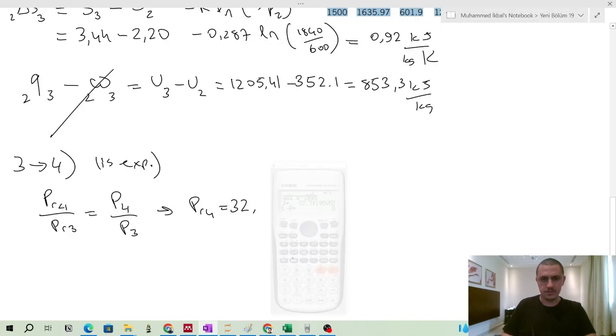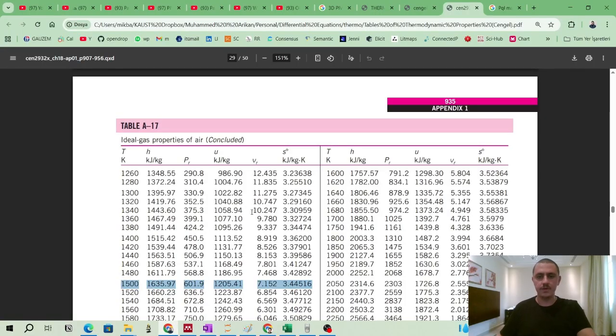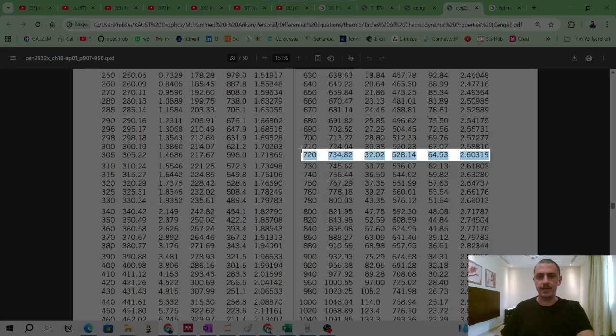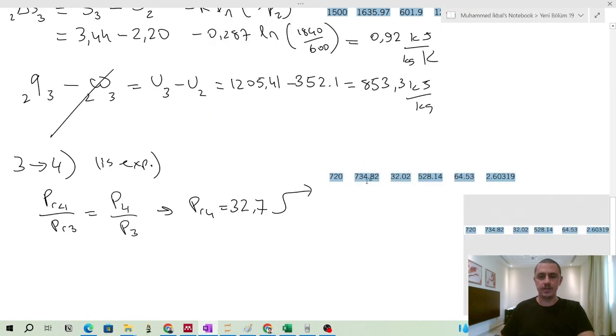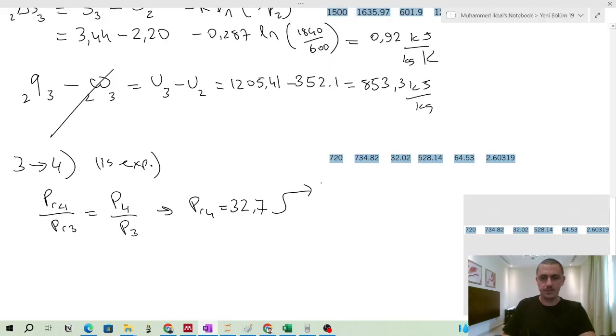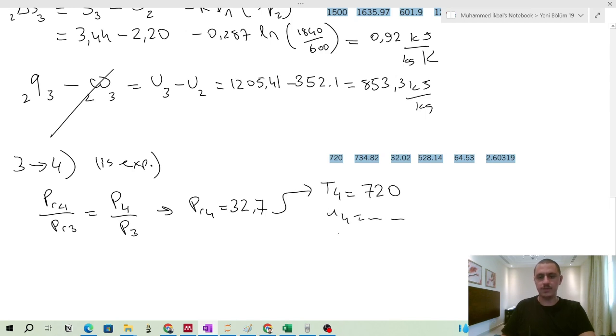32.7, right? From here, I will go to the table and search for this value. Okay, I found it. Again, I don't use any interpolation. I simplify it. So temperature is equal to 720, and U4 is something.